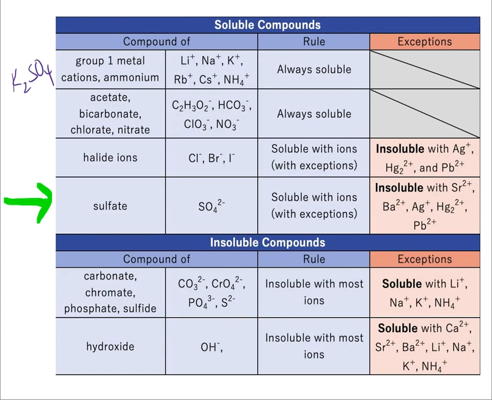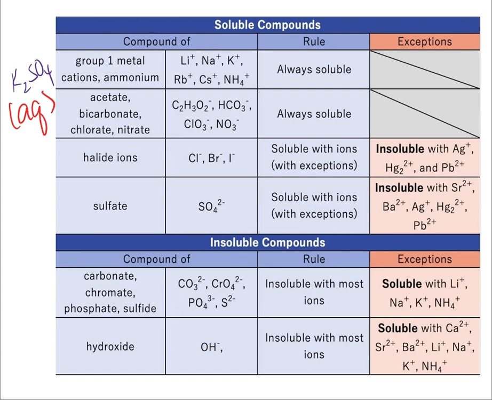Any sulfate compound containing these ions are exceptions, meaning that they will no longer be soluble. Instead, they will be insoluble. But in our case, we have potassium sulfate, which is soluble. So because it is soluble, that means that it would dissolve in water to form an aqueous solution.